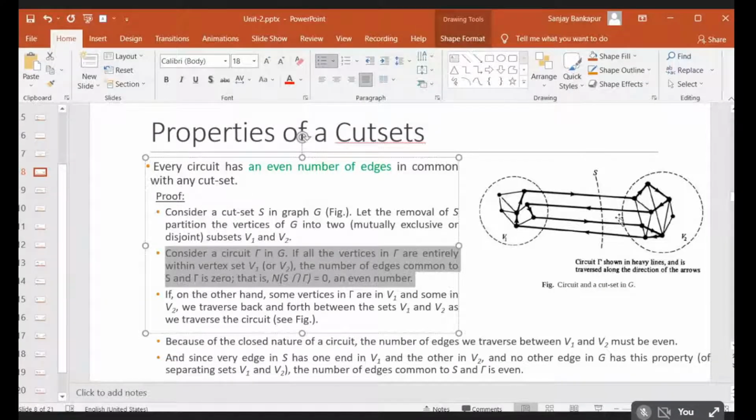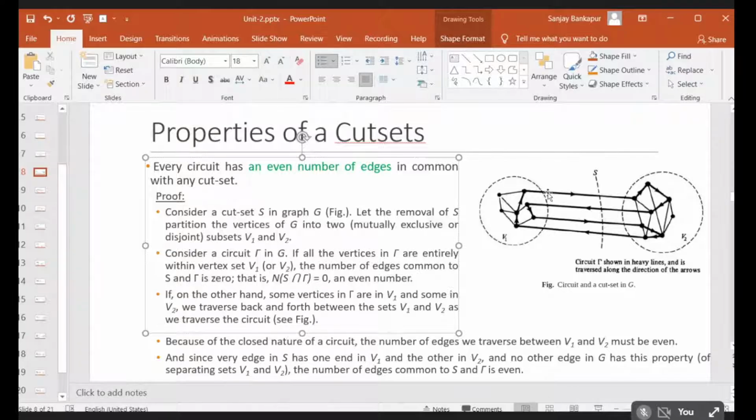Now, as shown in the figure, however it is not. In this example, there is a circuit sharing vertices from V1 as well as V2. So if, on the other hand, some vertices in the circuit are in V1 and some are in V2, we traverse back and forth between the sets V1 and V2 as we traverse the circuit, right?